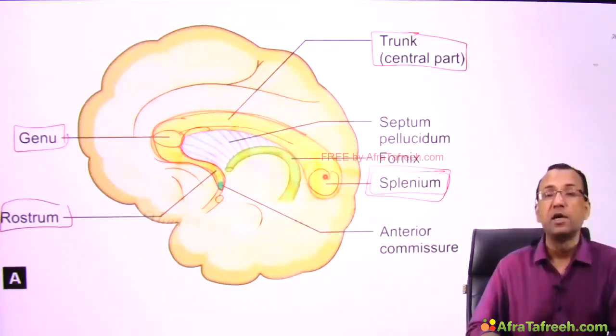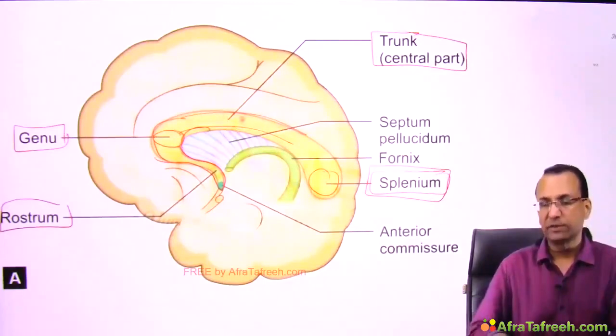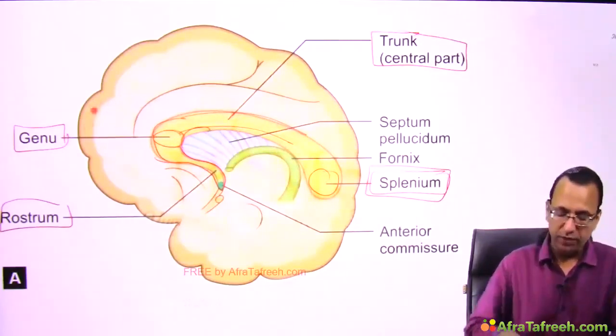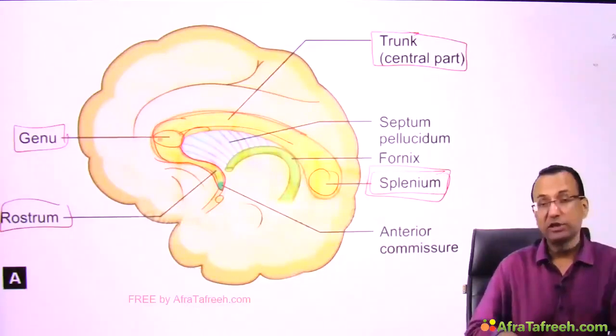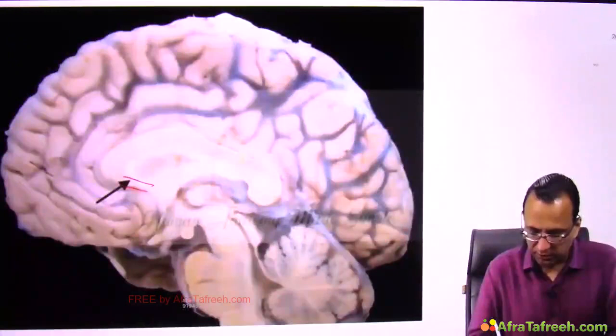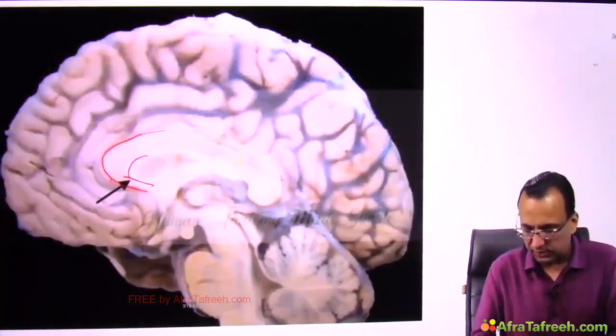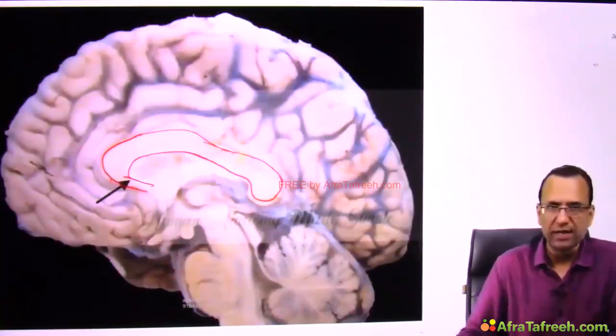Splenium is the axons where you are connecting occipital visual cortex with the occipital visual cortex. If you want to connect the temporal with temporal, use the trunk region. And if you are connecting frontal lobe with frontal lobe, use the genu region. So, this is the rostrum, this is the genu, that is the trunk region, that is the splenium.